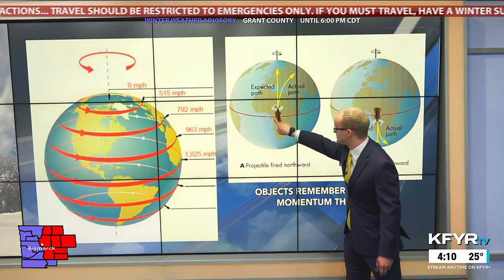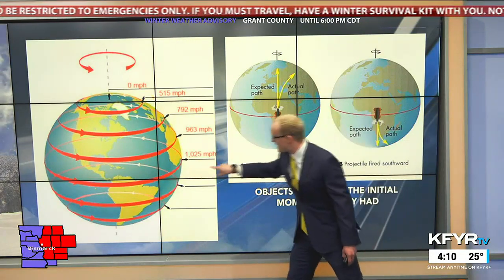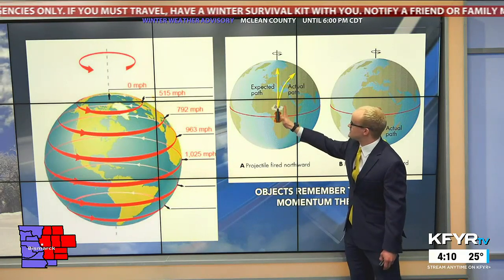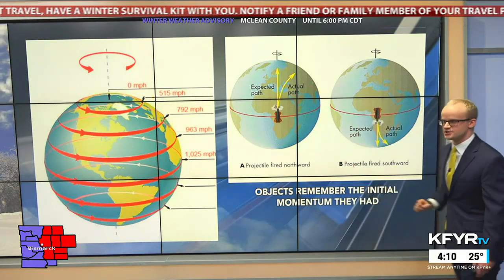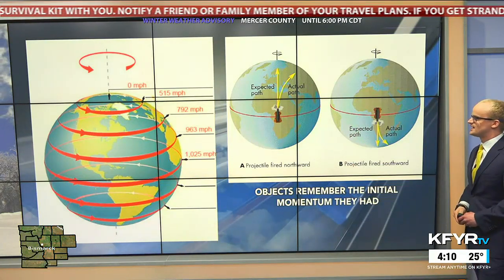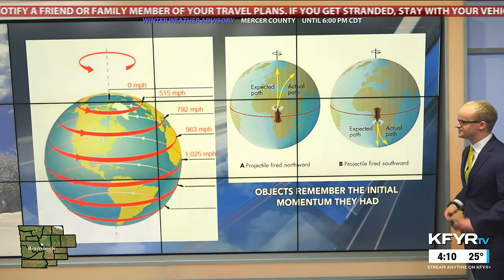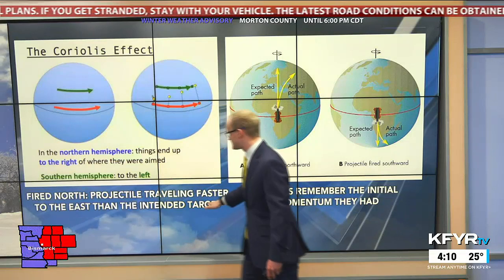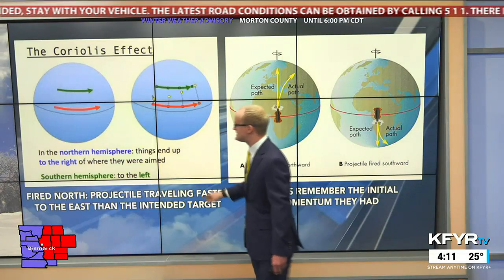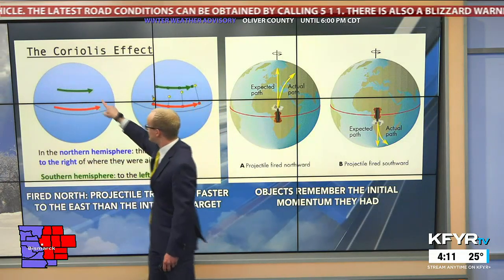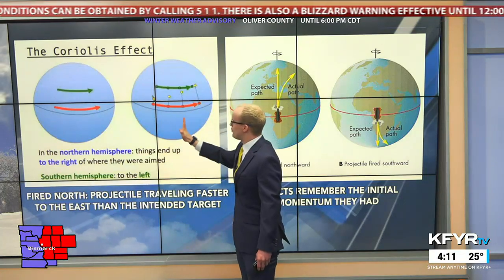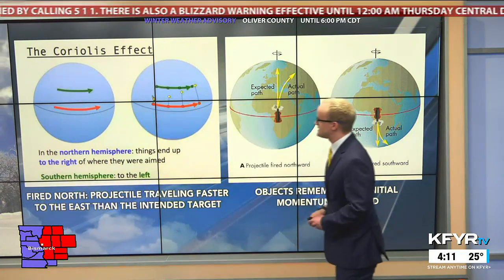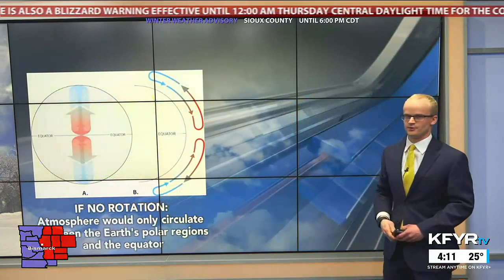And when we're launching an object at the equator with a faster speed, that's going to maintain that momentum and veer it to the right. If we're launching that projectile in the northern hemisphere, it's the opposite in the southern hemisphere. But focusing on the northern hemisphere where we live, if we fire that projectile north, it's traveling faster to the east than our intended target is. And that veers that wind, or veers the projectile in this case, to the right, and that's our Coriolis effect.